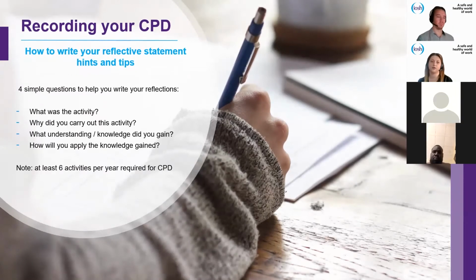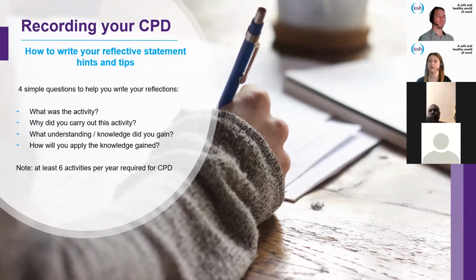Once you've added your development plan and that's all set up in place, we'll then ask you to add some activities. Now, we ask for 6 activities within a rolling 12-month period, and this is from the date that you join us. So as long as you're adding 6 activities over the year, that's all that's required.